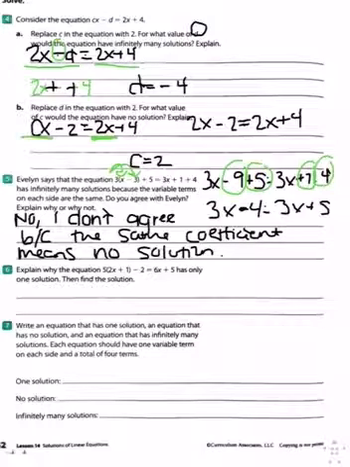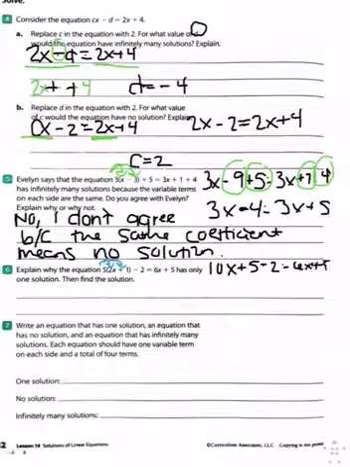Number 6. Explain why the equation 5 parentheses 2x plus 1 minus 2 equals 6x plus 5 has only one solution. Then find the solution. So first step would be to distribute to both parts of the parentheses. You would get 10x plus 5 minus 2 equals 6x plus 5.